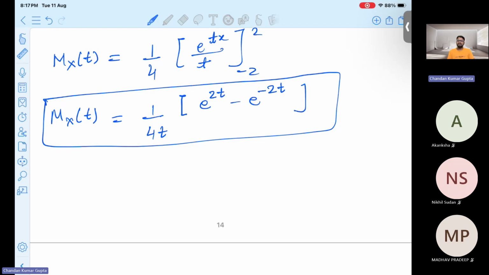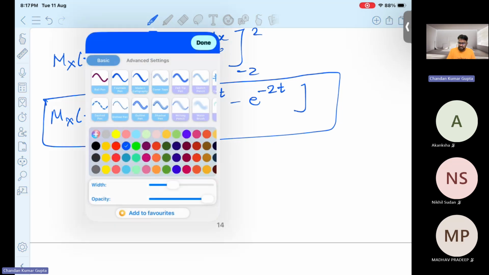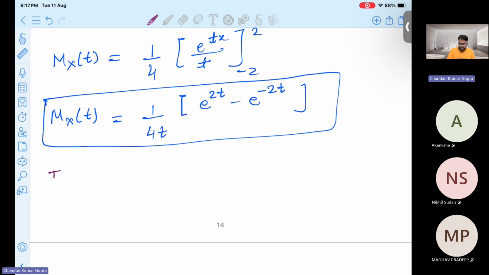And you will need to use the L'Hospital rule to find out whether this is actually so. To verify this property, you need to check that MX(t) comes out to be 1.